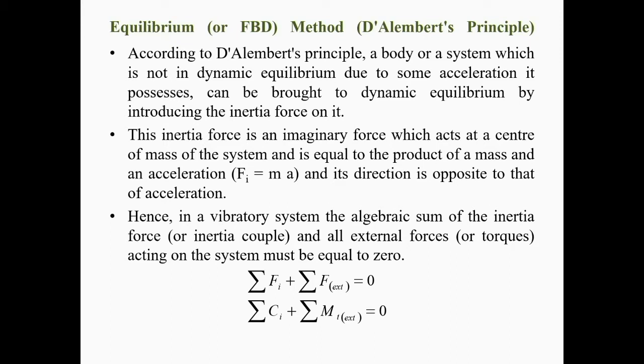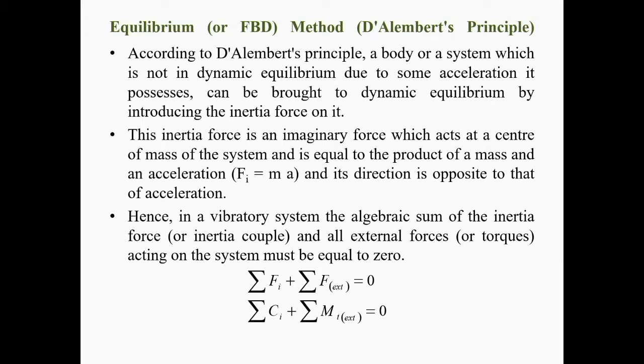We already know the conditions for static equilibrium and dynamic equilibrium. A system is said to be in static equilibrium if it remains at rest under the action of all the external forces and its velocity remains 0. It means it does not accelerate, so that system is said to be in static equilibrium.